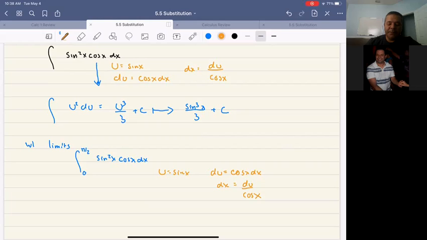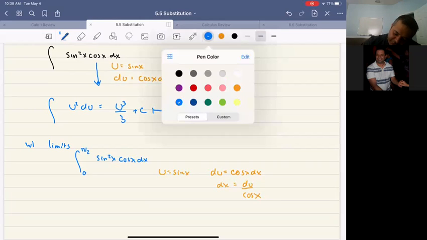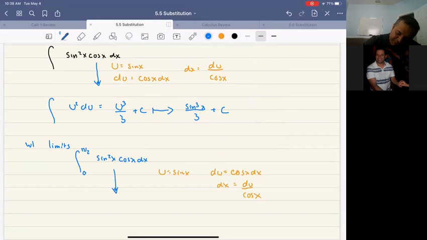Now this integral becomes, and here is where things get a little bit nice, I can change my limits of integration because I'm asking for a numerical answer. If x is 0, sine of 0 is 0.